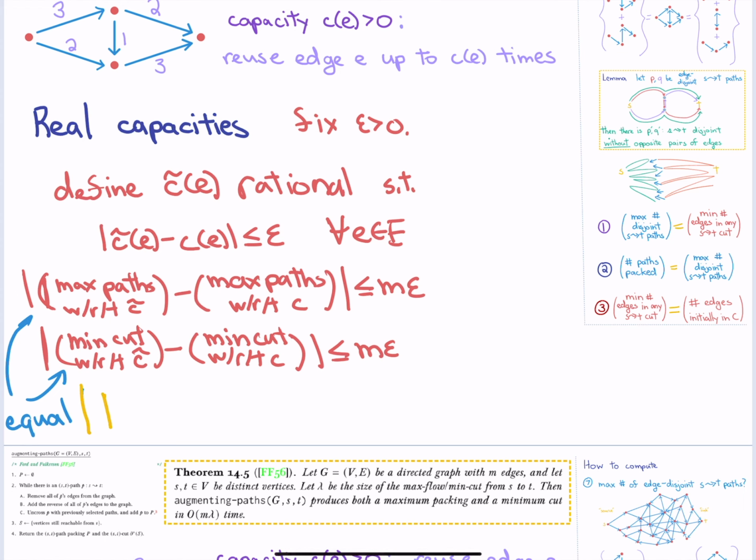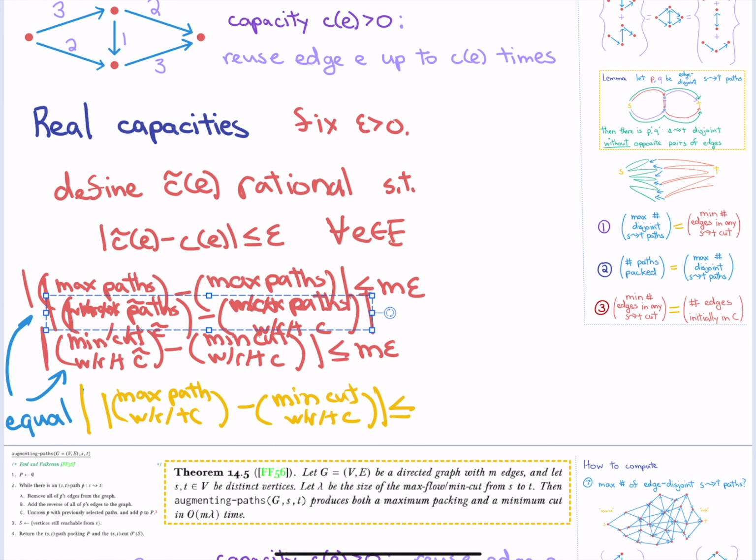We'll get the maximum number of paths with respect to C minus the min cut with respect to these real values C is at most, and now we'll do one of these triangle inequality looking things. So we'll get this quantity.